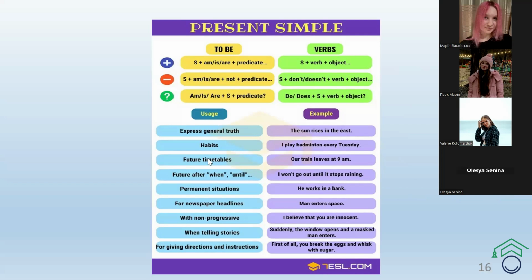And we use present simple to express general truth, to talk about habits, future timetables, future after when, until, as soon as, if, unless, yes? Permanent situations, newspaper headlines, non-progressive, it means state verbs. Do you remember the verbs that can't be used in continuous? State verbs, love, like, yeah? When telling stories, and for giving directions and instructions, yeah?